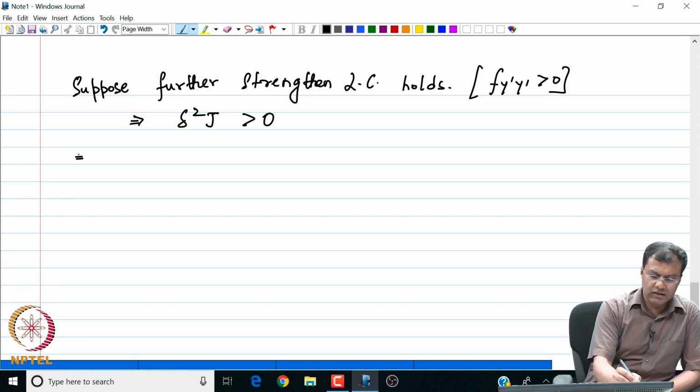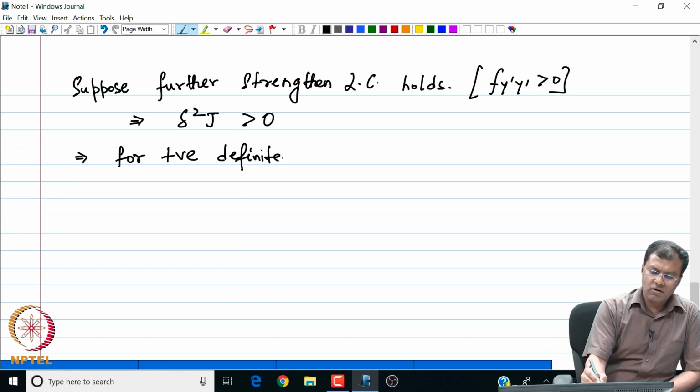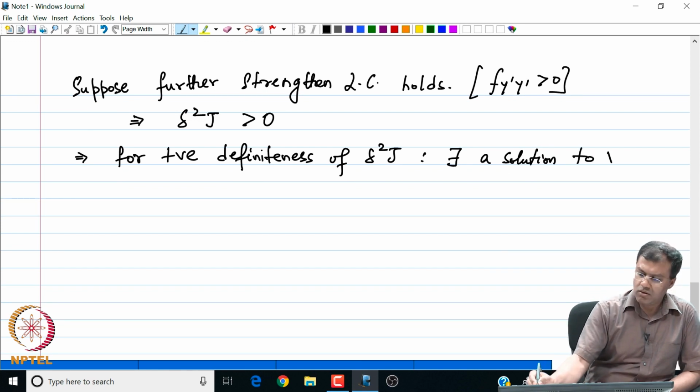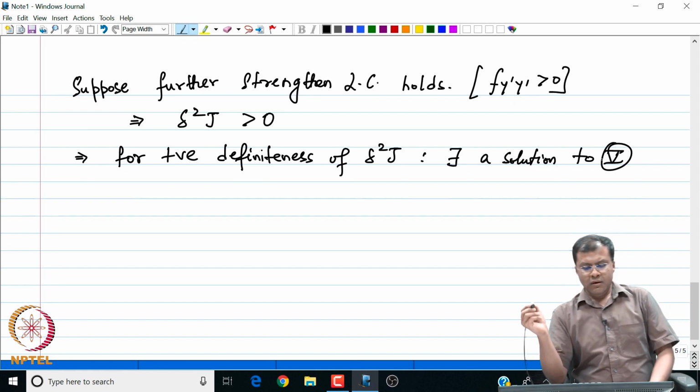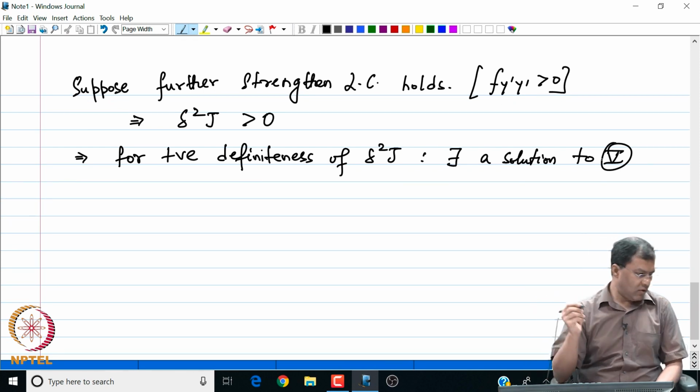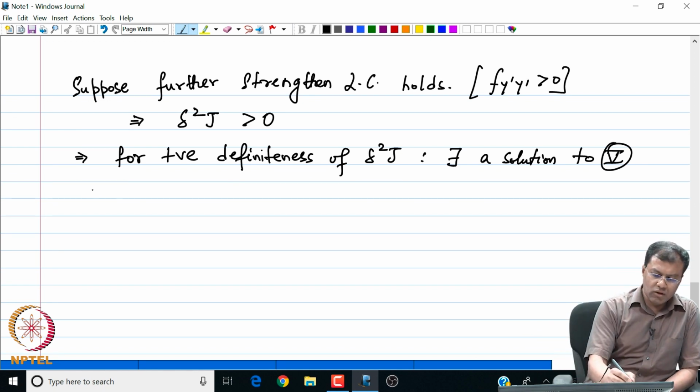So, the conclusion is the following: for positive definiteness of the second variation of j, I need that there is a solution to 5. For the positive definiteness of j, I need a solution to 5.